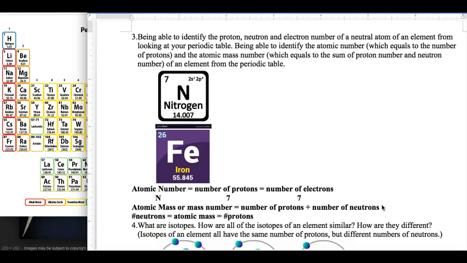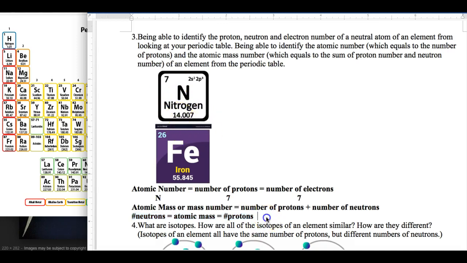When we are looking at the atomic mass of an atom, we only take the number of protons and neutrons into consideration because those are the subatomic particles that weigh more and are more significant than the weight of the electrons.